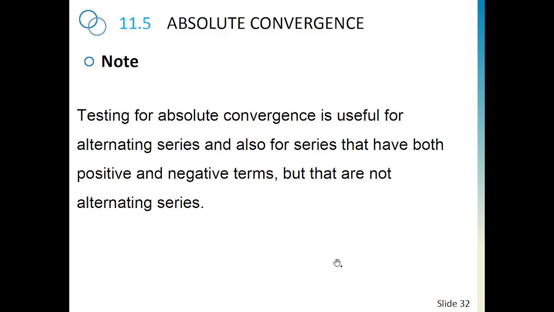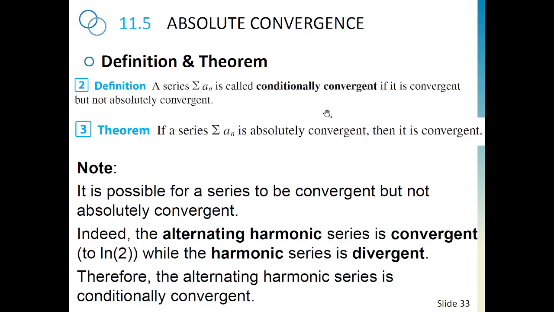Now this is a useful tool for alternating series and also for some series that have mixed signs, sometimes positive, sometimes negative, but they are not really regular, they are not alternating.